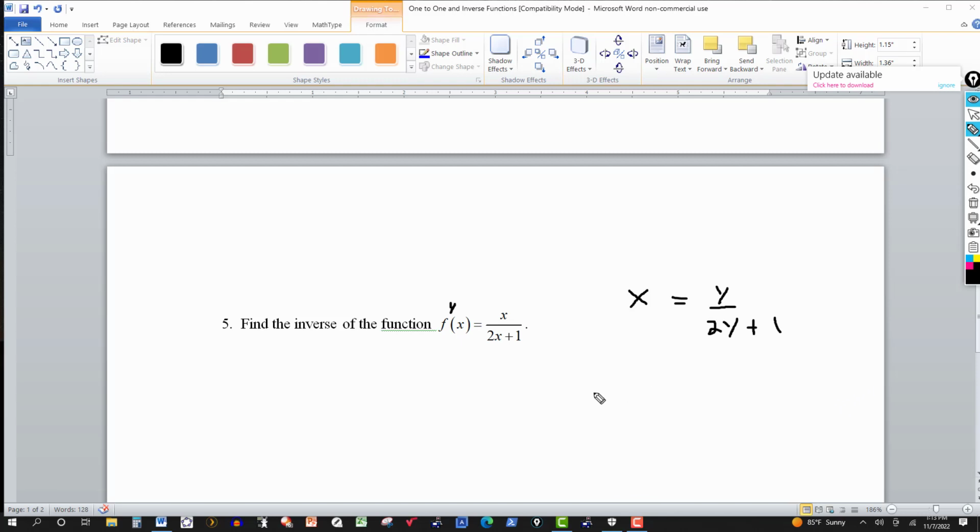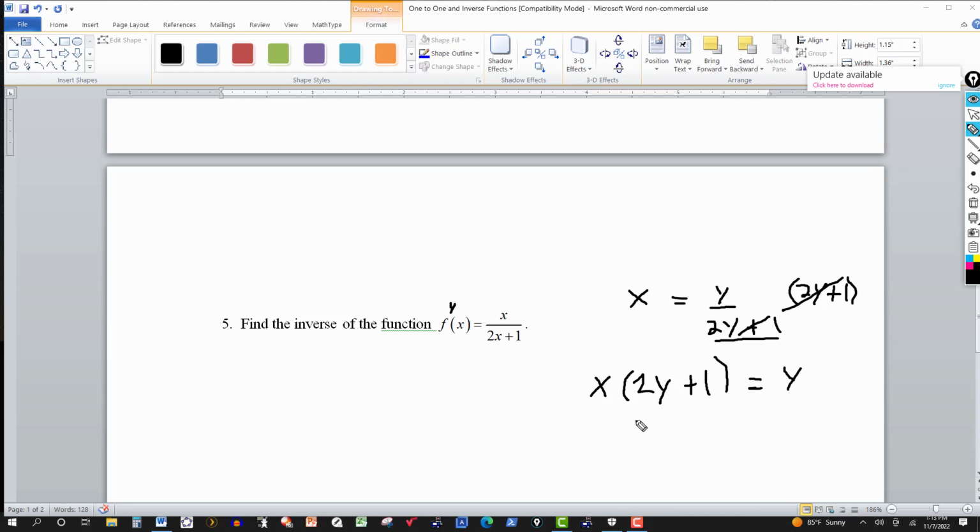So here, let's clear the fractions first. Let's multiply through by 2y plus 1. Multiplying both sides by 2y plus 1, it cancels on this side, leaving 2y plus 1 here, and this side just gives me y.